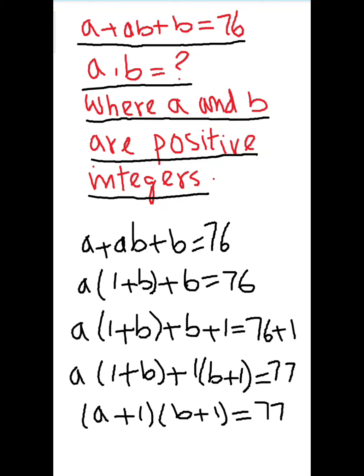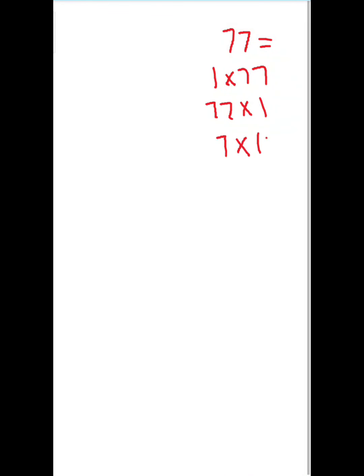So now we have two factors of the equation, and it is time to take factors of the right hand side's value, which is 77. So 77's factors are 1 times 77, 77 times 1, 7 times 11 or 11 times 7.